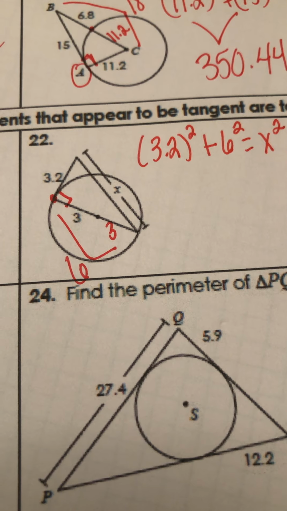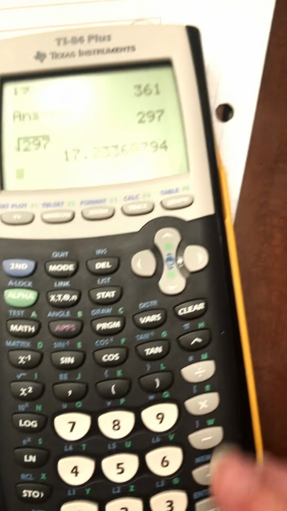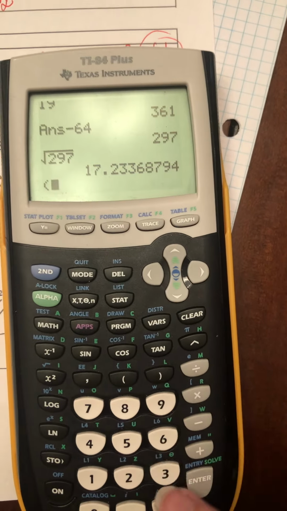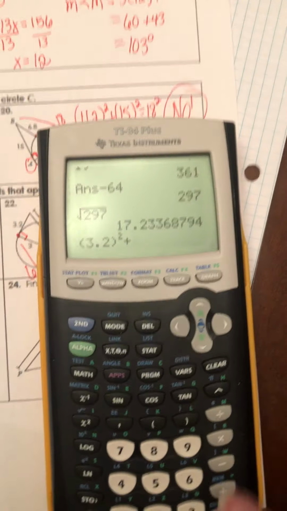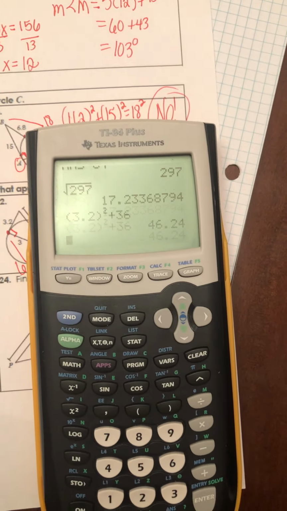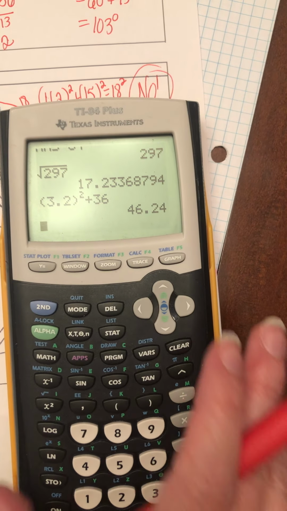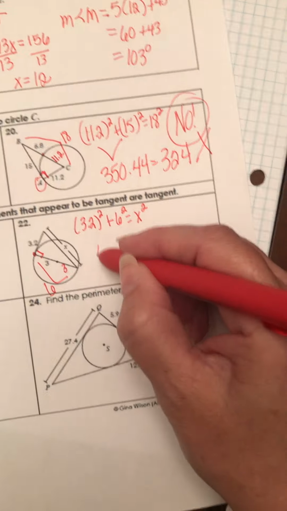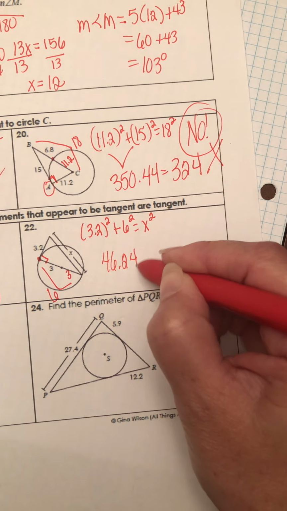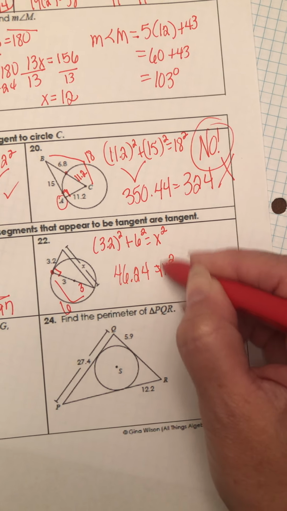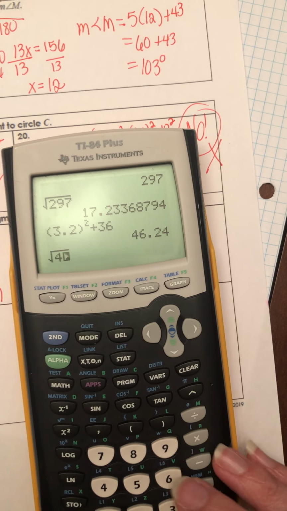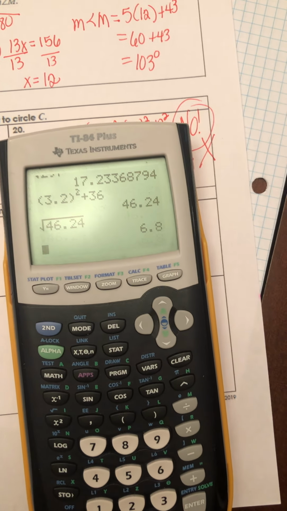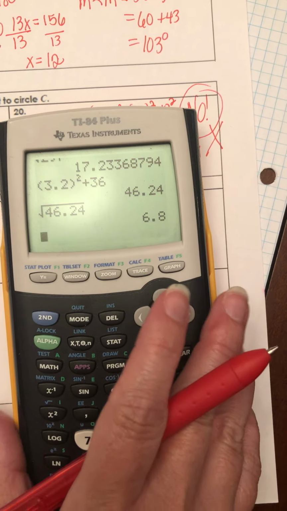Okay, so if we plug this into our trusty calculator, we have 3 2/10 squared plus 6 squared, which is 36. That's going to give me 46 24/100. So to solve for x, I'm going to take the square root, and that'll give me 6 8/10.